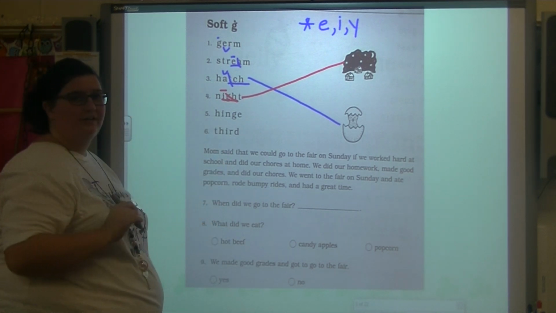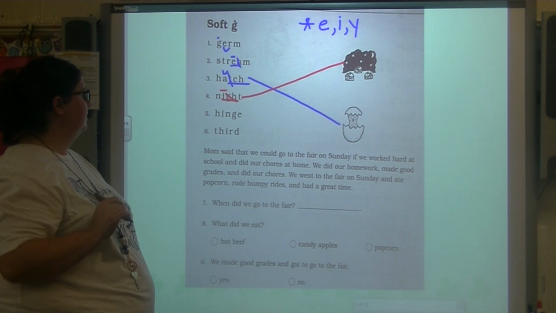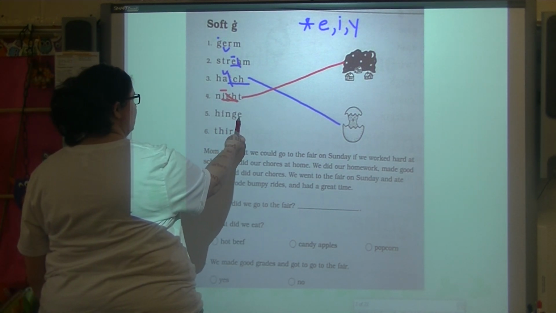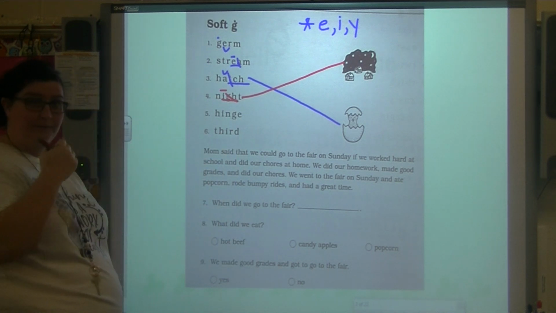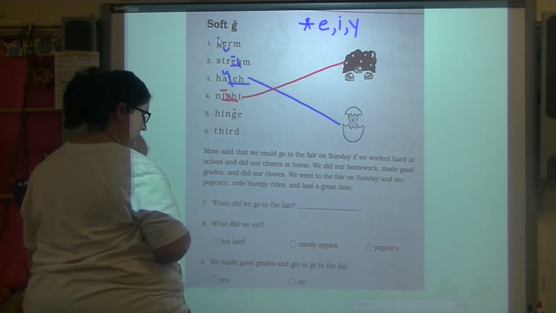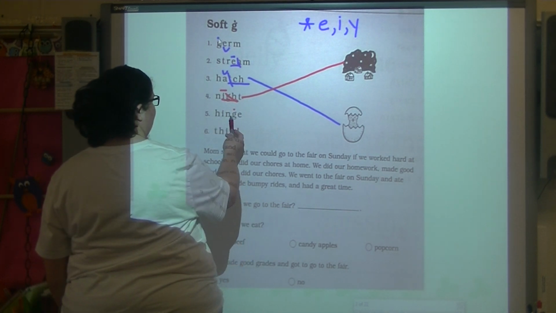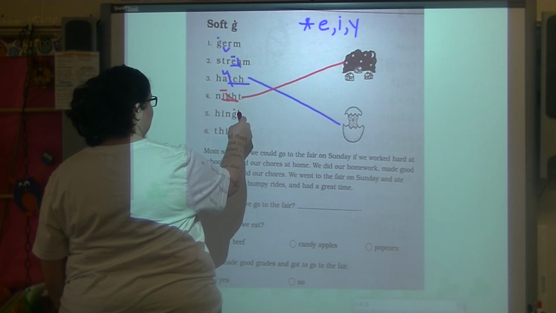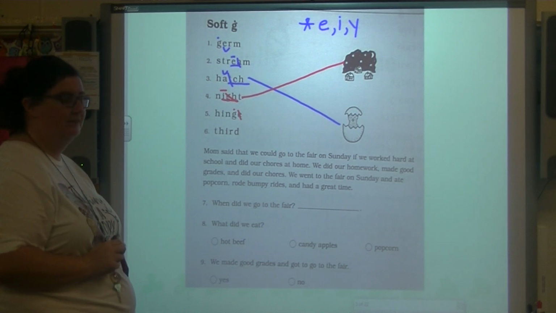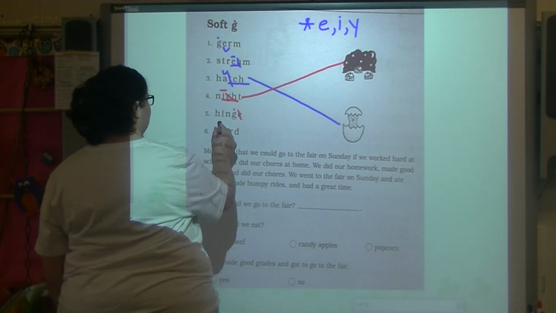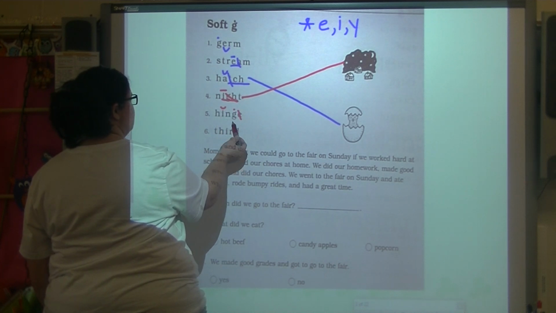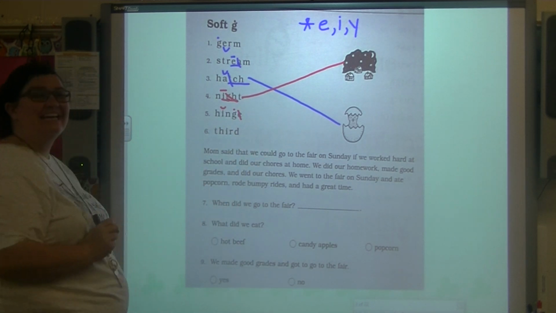Number 5. Now we have G, E. So that G is here. All right, the E is sneaky. Short vowel sound. Hinge. Hinge.